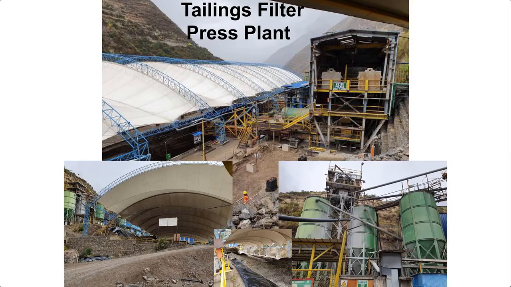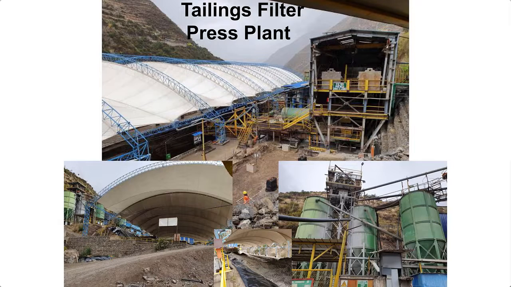This is because it's in quite a high rainfall area, and it's also in a seismically active area, so they need to keep the tailings at a specific moisture content to make sure that when it's trucked out to the facility it can be compacted, and if that moisture content is too high they cannot compact it.